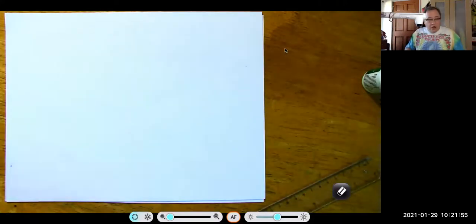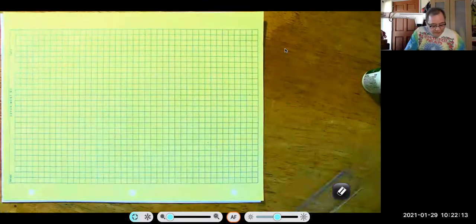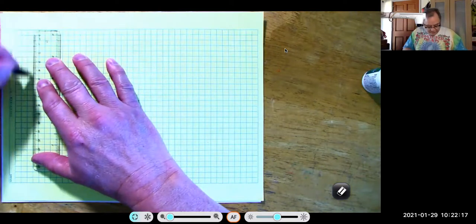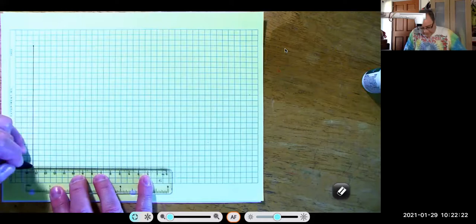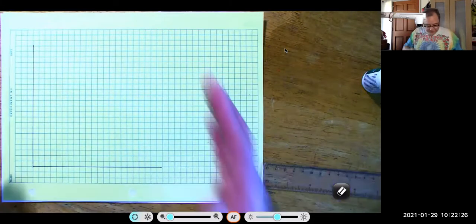I'm going to draw another graph here. So I need another piece of graph paper. So this would be a pretty good sized graph. You can see I've used most of the paper. So remember how I said your graph should be at least half of the page? This is half the page.